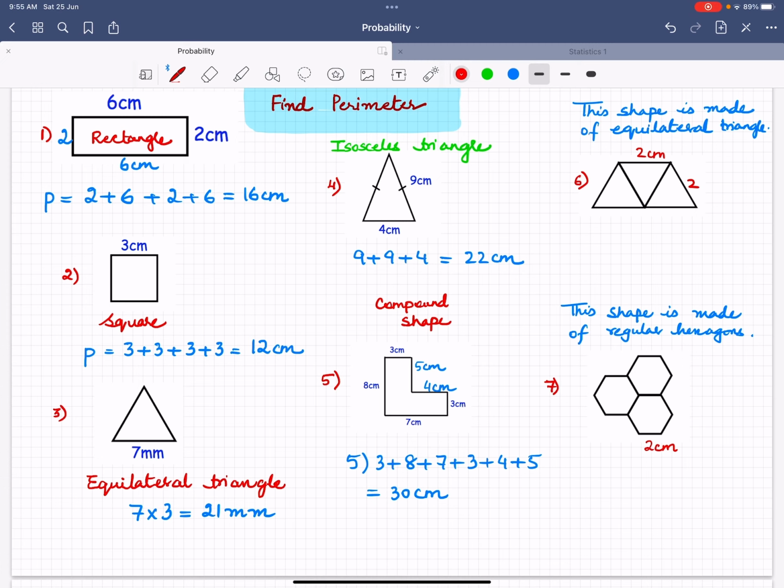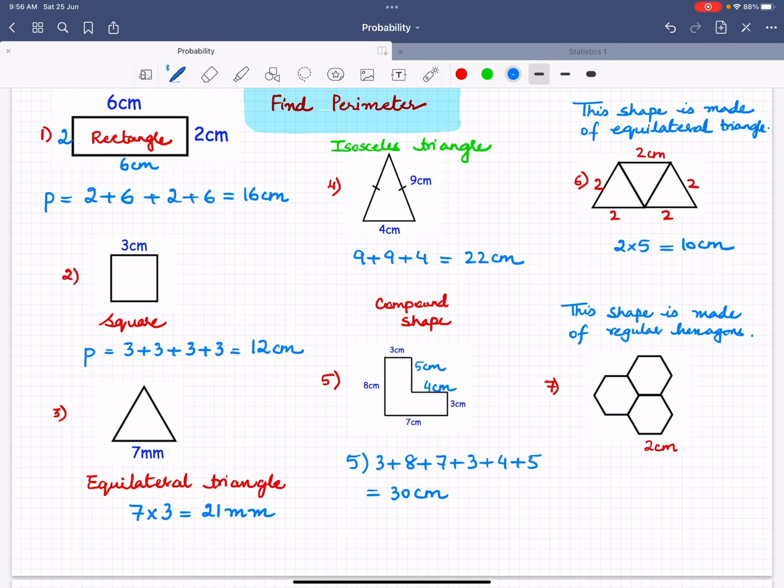As we know, it's an equilateral triangle. All sides will be 2 centimeters. So we need to add up 1, 2, 3, 4 and 5 times. We can find perimeter by multiplying 2 by 5. Therefore, the perimeter is 2 times 5, and that is equal to 10 centimeters.